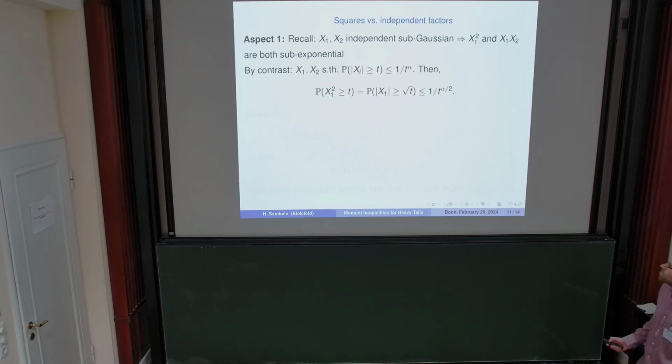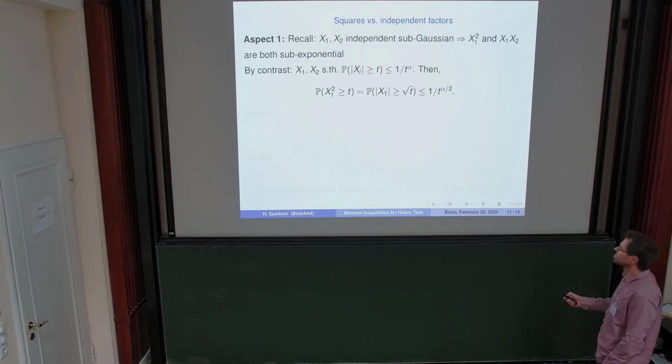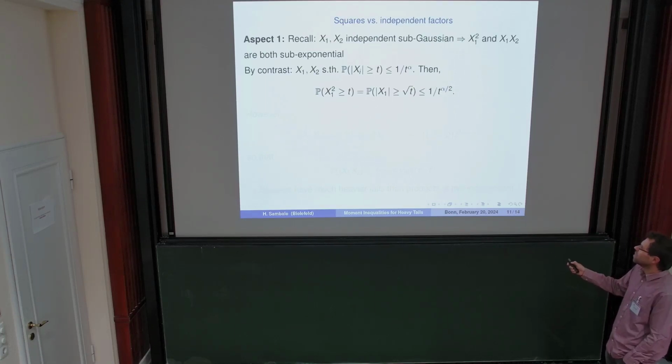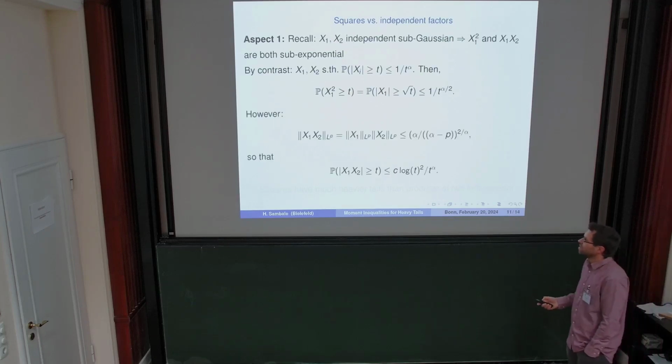However, what happens if we take these Pareto random variables? Now, if you square one of them, then it's a very basic calculation that in fact you still have a Pareto random variable, but the tail becomes heavier because you now have this alpha half. That's immediate.